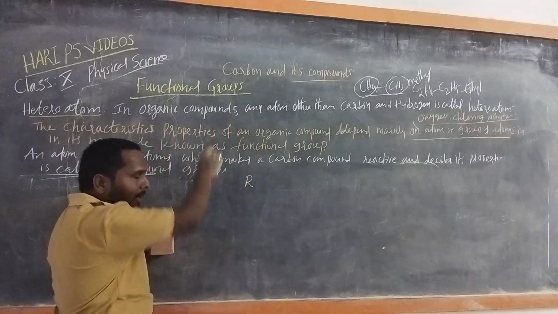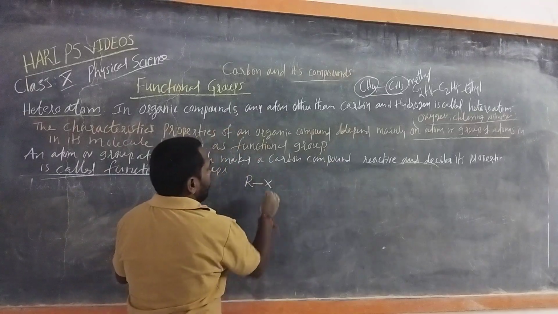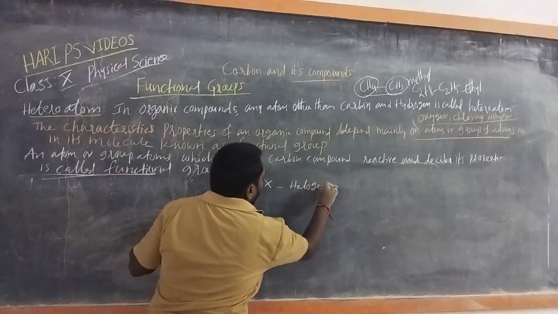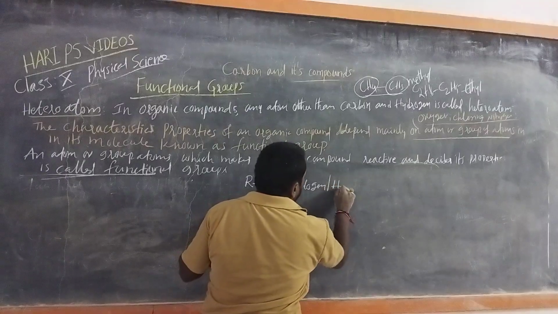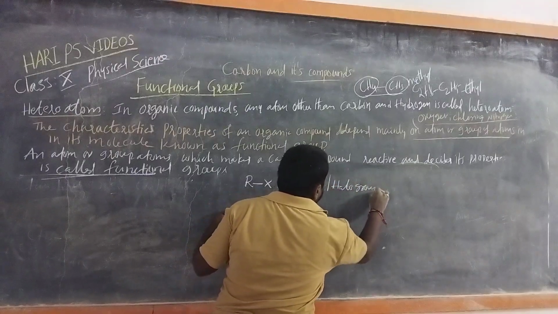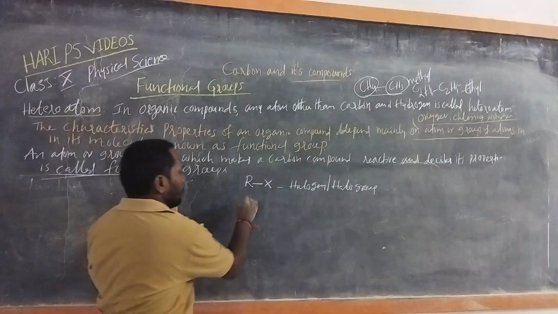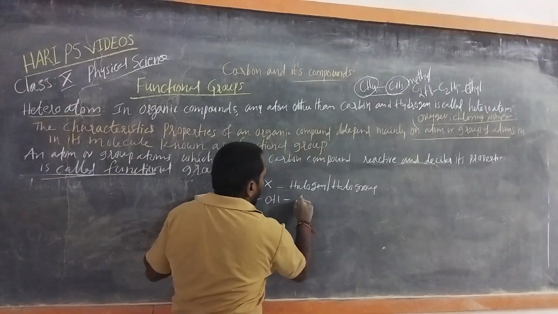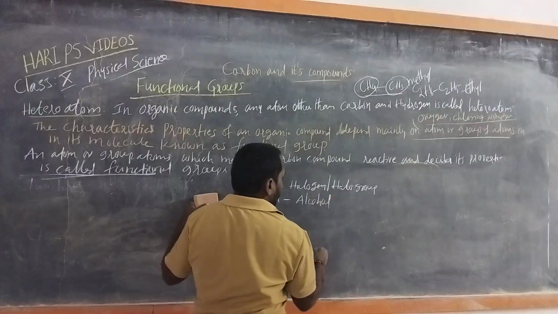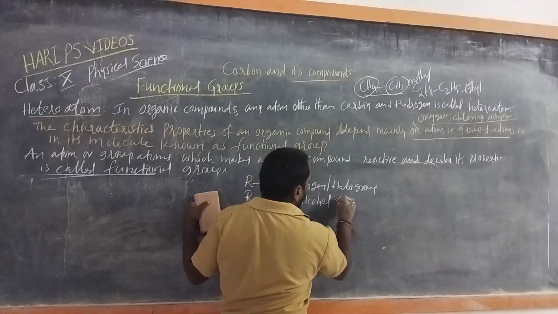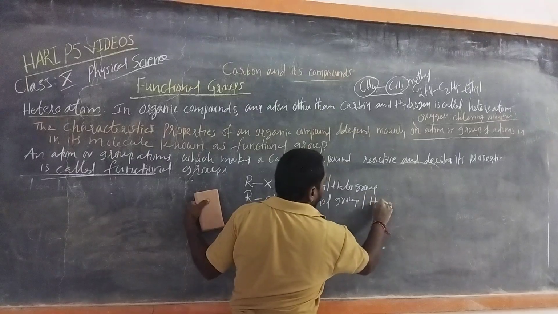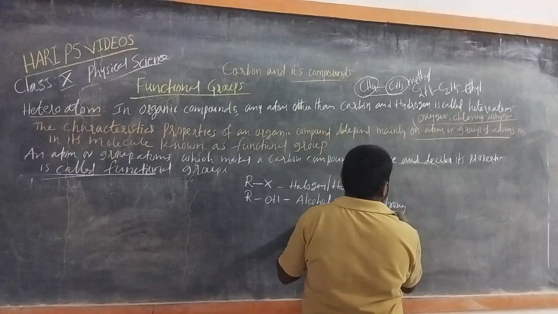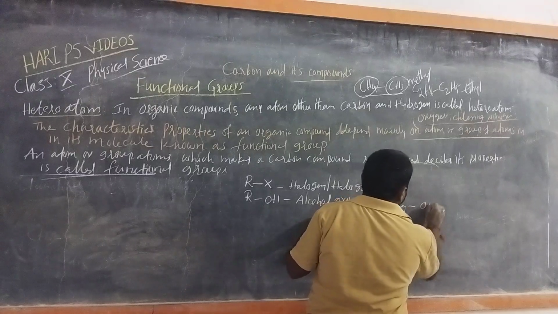First we will discuss RX, the halogen or halo group. ROH is the alcohol group or hydroxy group, which we can name as "-ol".